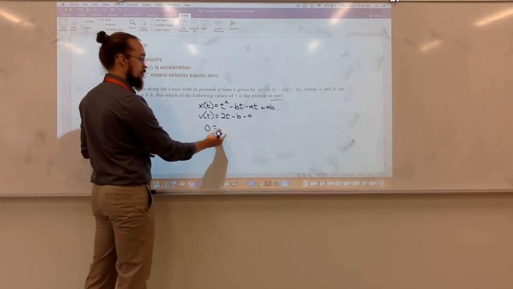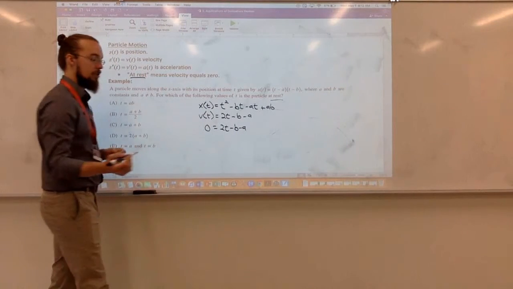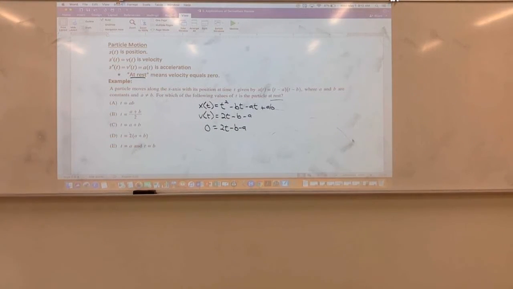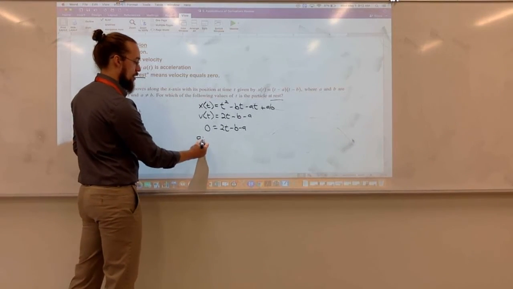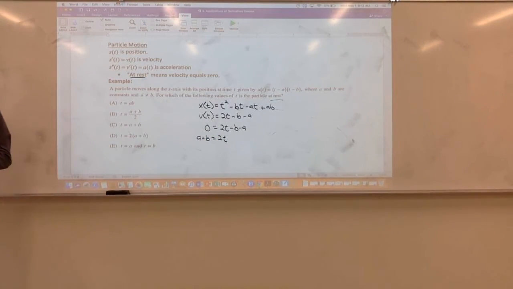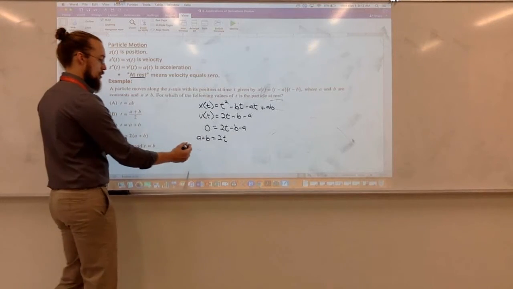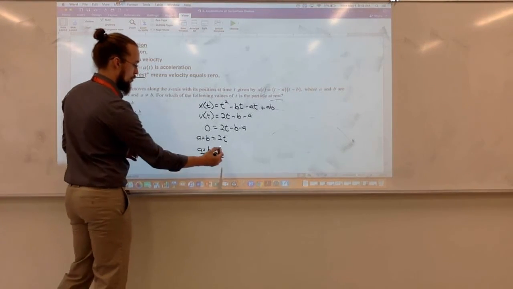So I can say 0 equals 2t minus b minus a. If my goal is to solve for t, a and b are just numbers, so I can add both of those over to the other side. a plus b equals 2t. Divide by 2. We get (a plus b) over 2 equals t.